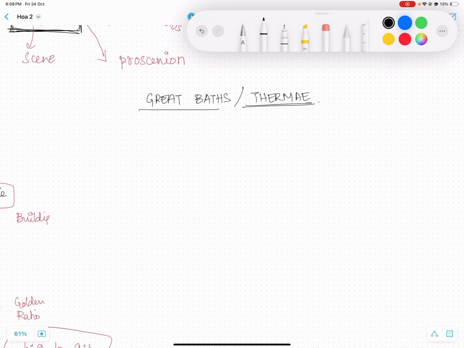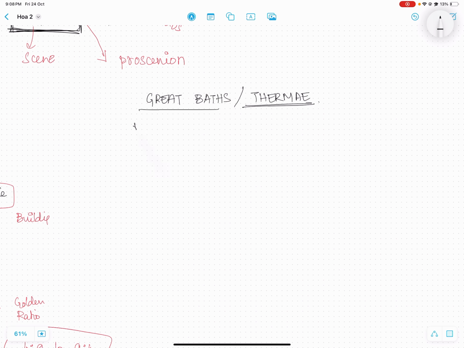I'll just mention one thing here, which is the hypocaust. Hypocaust is a system used to keep the floor warm, and it was used in Roman baths.